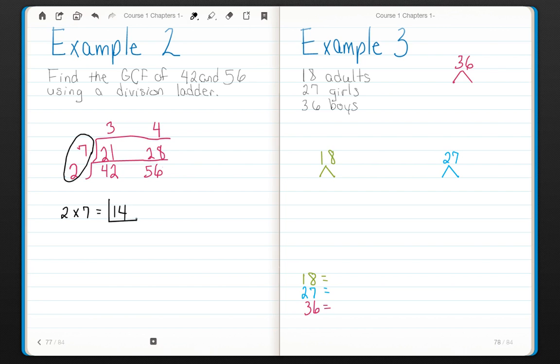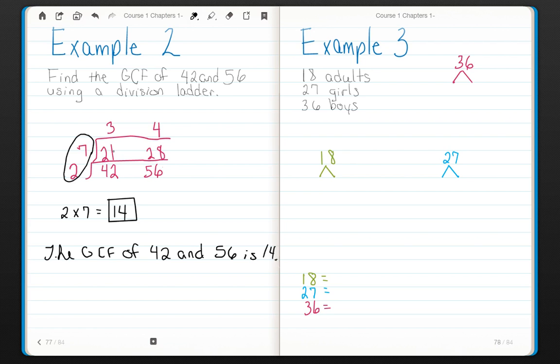And that gives me my greatest common factor. So the GCF of 42 and 56 is 14.